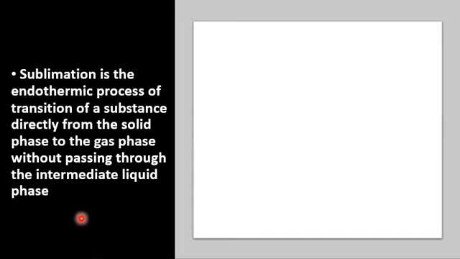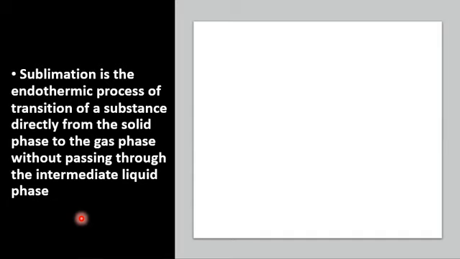So basically in the close space sublimation process, we do a direct transition of the solid precursor material, which is usually in the form of a powder, into a gaseous phase material, and that gaseous phase material is transported onto the surface of the substrate as a thin film.